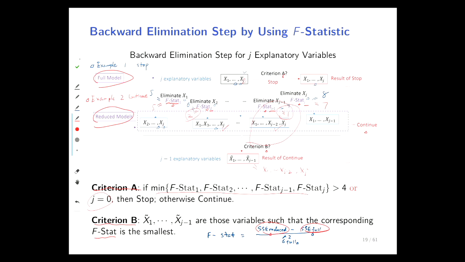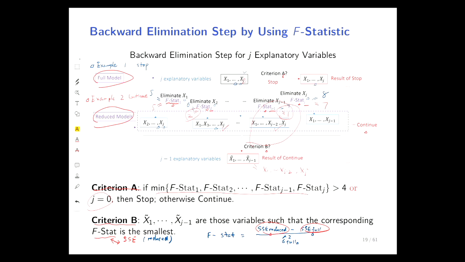So that means we actually find the variables which have the smallest sum of squared error, or you can call it the sum of squared error reduced, because we have fewer variables in the reduced model. These two are equivalent. Now you can see the logic here. We want to find the variables which lead to the smallest sum of squared error.